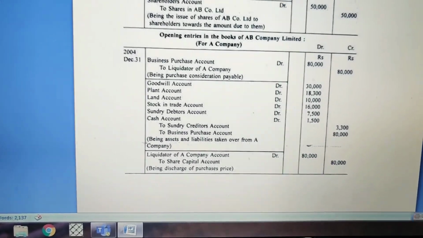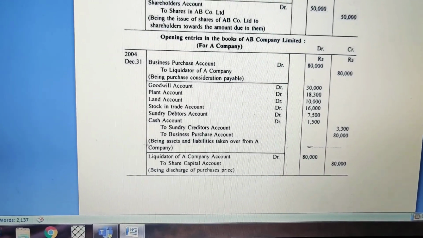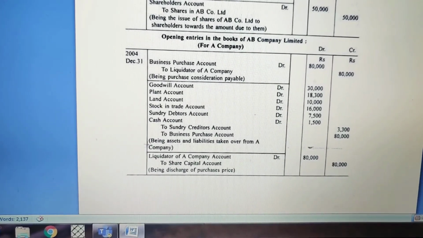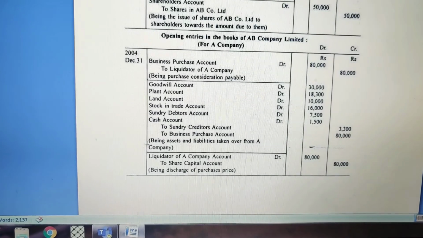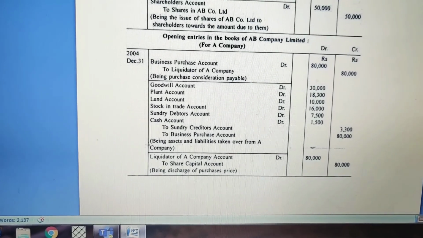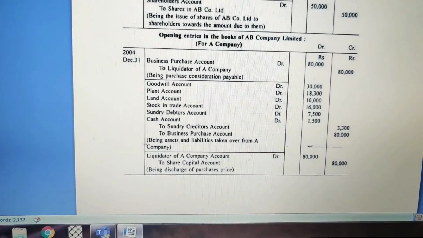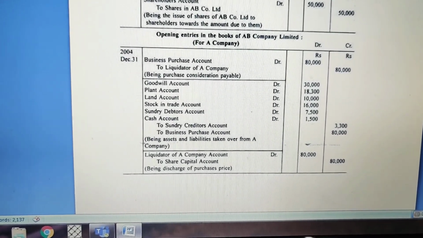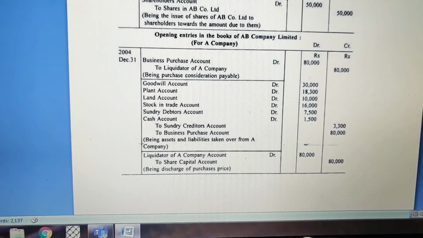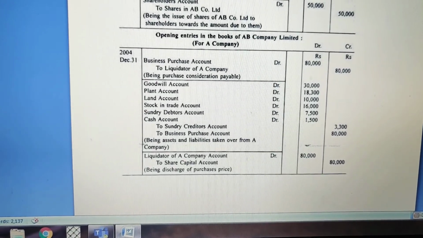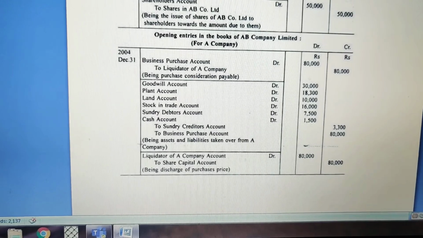Generally it is a credit amount which is left over, business purchase account 80,000, and to the liquidator of A company, what you are giving is share capital. So in the last entry, see discharge of purchase price, we are giving to the liquidator of A company account to share capital account.